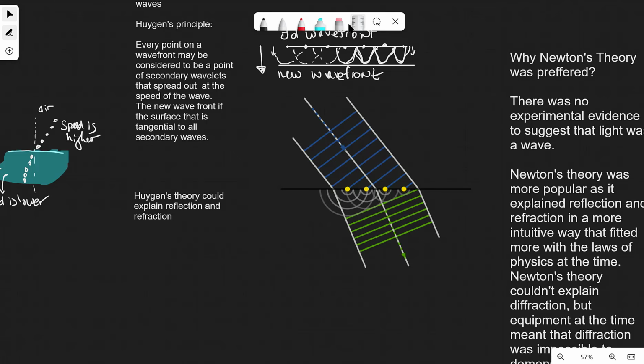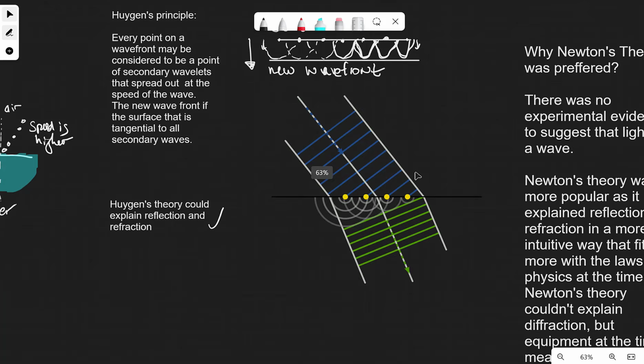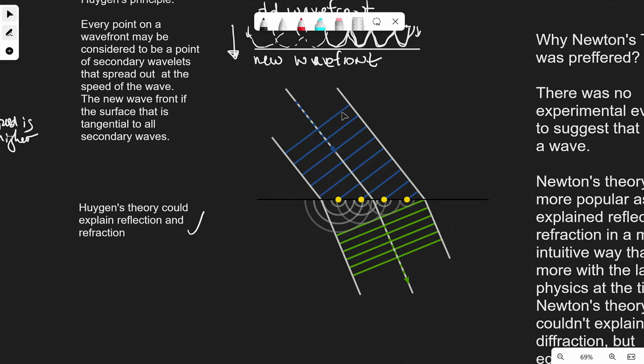Now, Huygens' theory could explain reflection and refraction using the idea of wavefronts. I've demonstrated this using this diagram here. We have the wavefront of a wave that is about to enter an optically more dense medium.